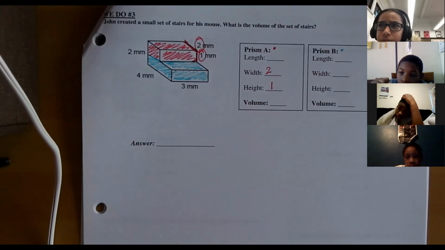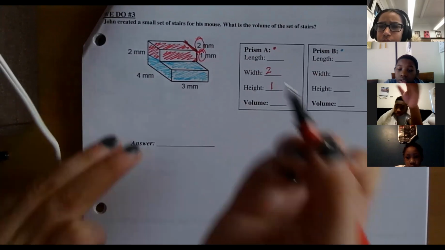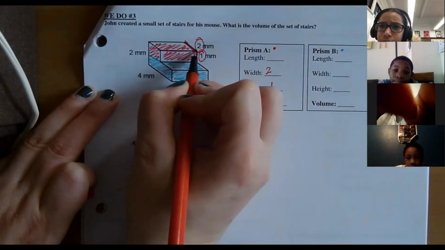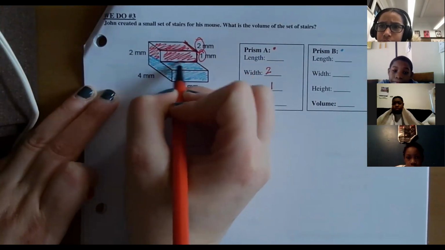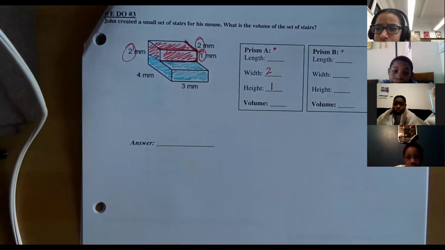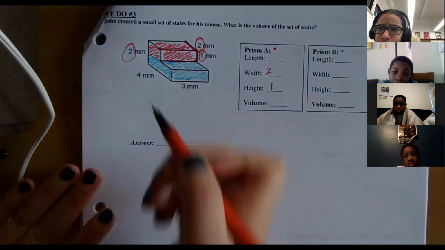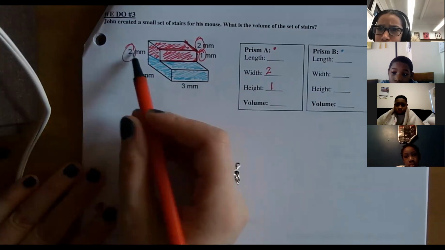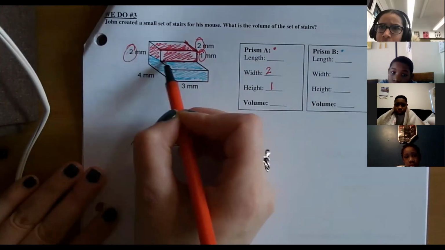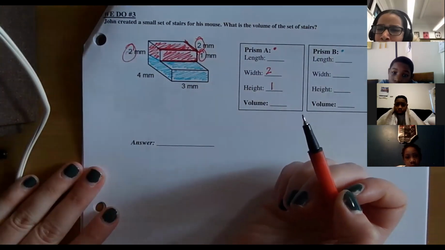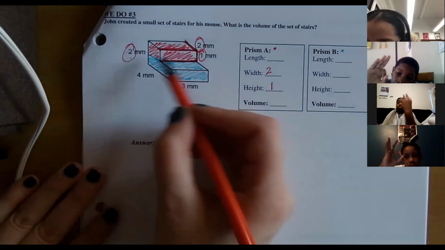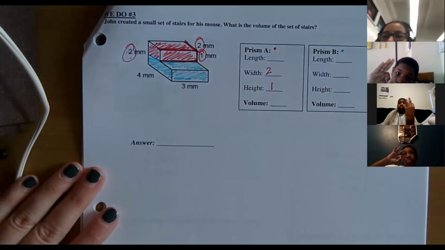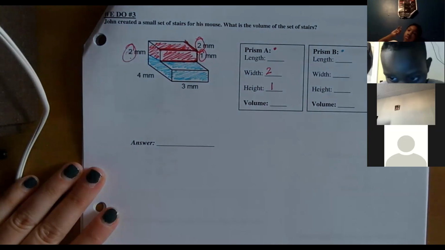Well, that's really interesting because I know that length is what goes across. Just because I see a 2 here, that doesn't make it the length. Does that go with these lines across? Evaluate. Does the 2 over here go with these lines across? No, it does not. Thank you for evaluating.